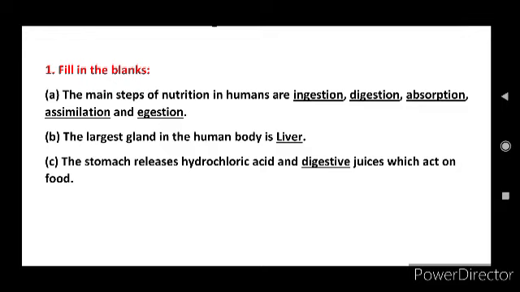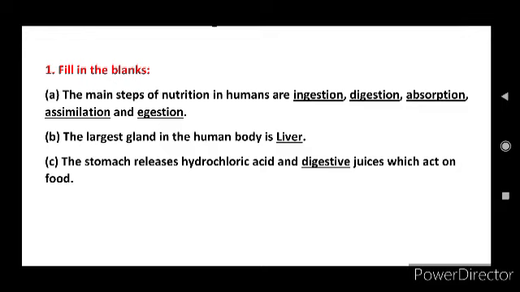And next question, B question, the largest gland in the human body is dash. The largest gland in the human body is the liver. Liver is a reddish brown gland situated in the upper part of the abdomen.